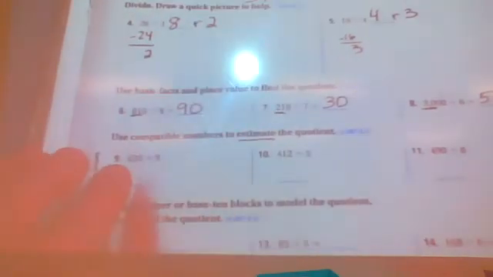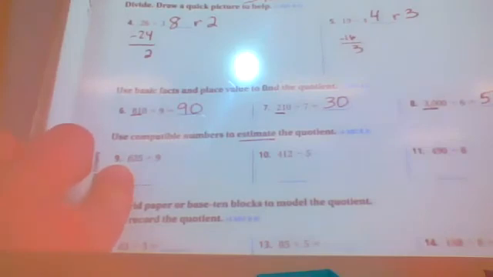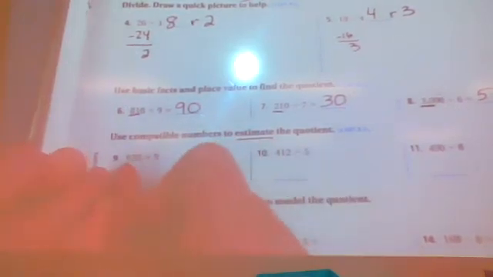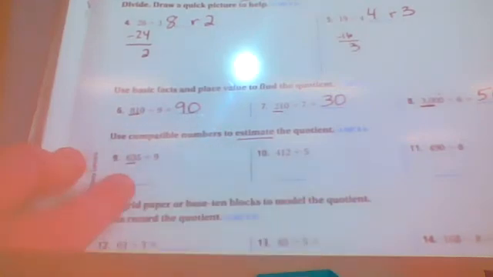So, like above, we try to find special facts. We're still going to think of special facts or basic facts in our head, but we're going to estimate. Is there a number really, really close to 63 that we know that 9 can go into? Whether it's below or above, whatever is closest.